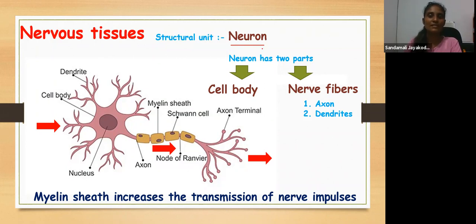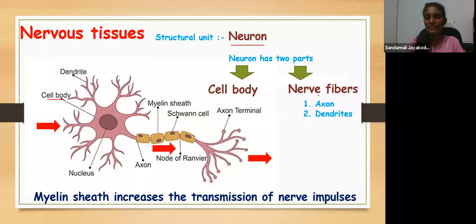Neuron is the cell which creates the nervous tissue in our body. It has two main parts. When we take a typical neuron like this, it has two main parts. This whole part is the cell body.